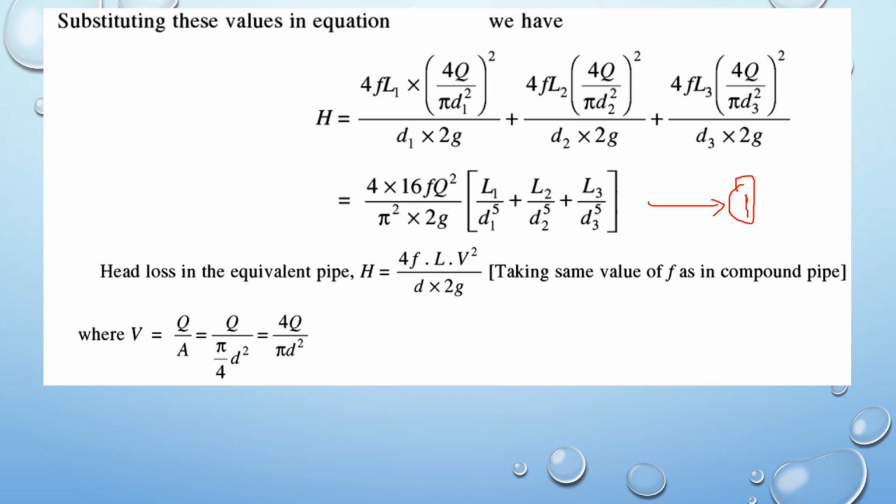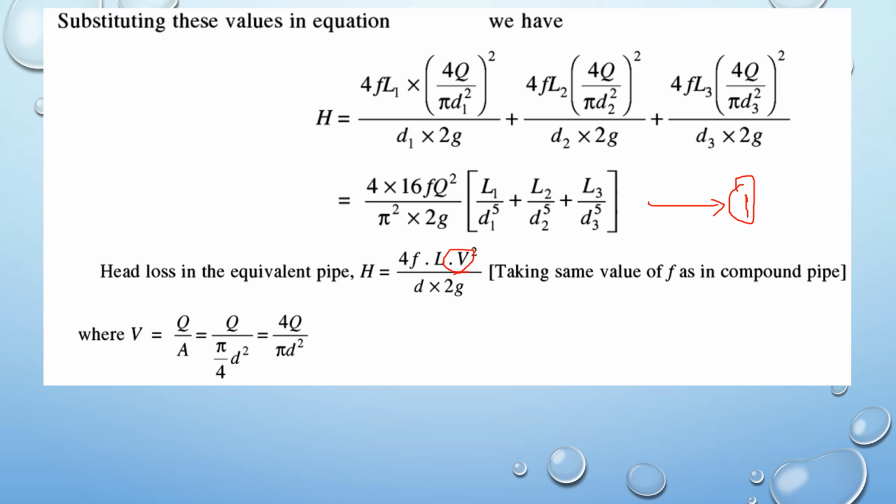Now for the equivalent pipe, head loss due to friction is, we already know, 4FL V square by 2GD. This is our equation as per Darcy-Weisbach equation. And we are adopting the same method here. To replace this V, we will have Q is equal to AV. From that, V is equal to Q by A, which is equal to Q by pi by 4 D square.